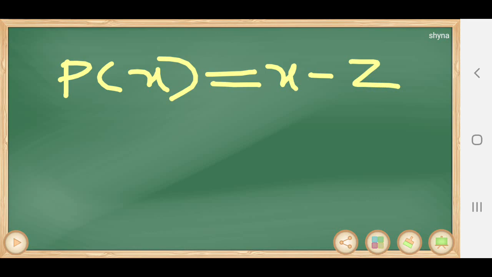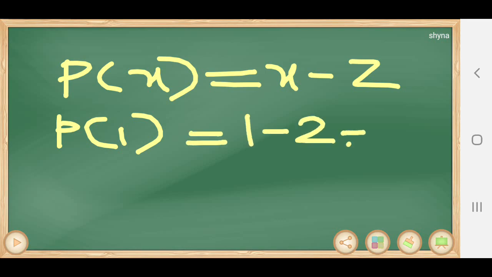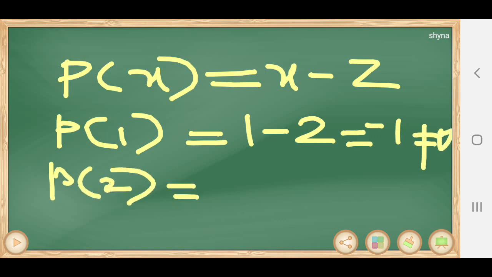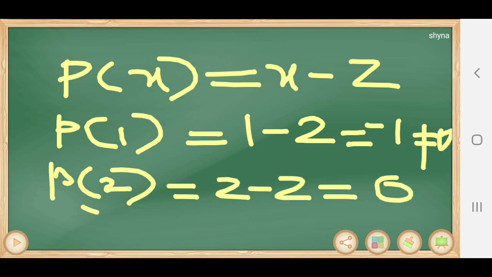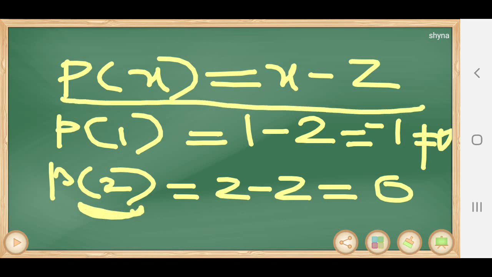Then while substituting which value, this polynomial becomes 0? If I substitute 1, p of 1 is 1 minus 2, negative 1. We are not getting 0. When I substitute 2, p of 2 equals 2 minus 2 equals 0. That is, this 2 is the zero of the polynomial p of x equal to x minus 2.